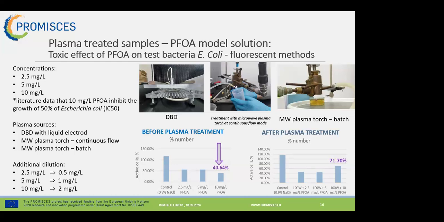And what we have measured after the plasma treatment is the toxicity of this solution. For this purpose, Escherichia coli bacteria were used with a fluorescent method from our biology colleagues.